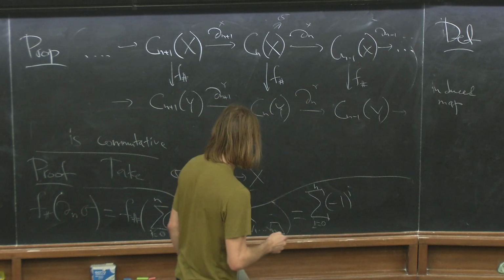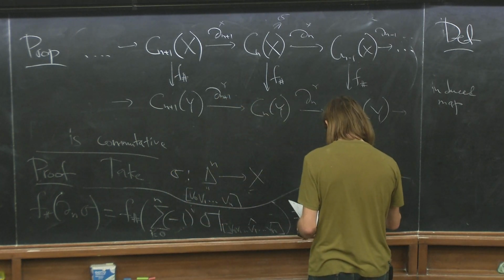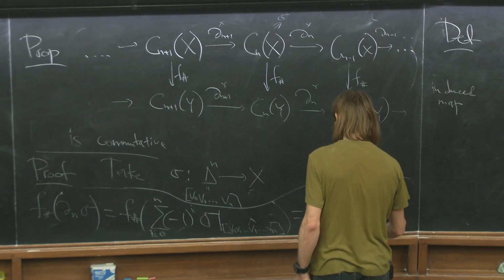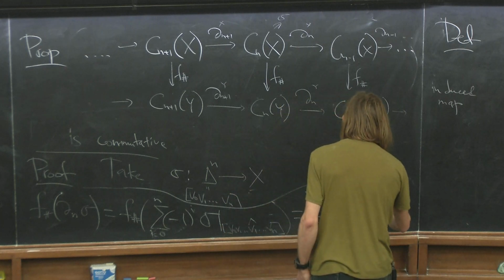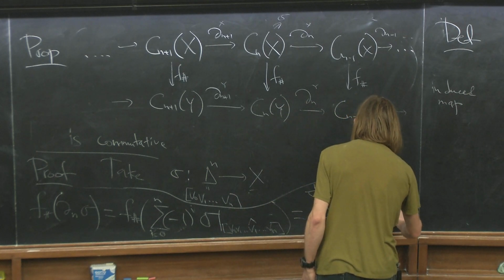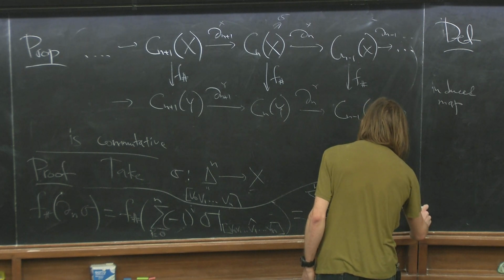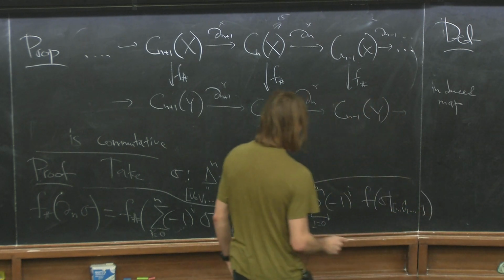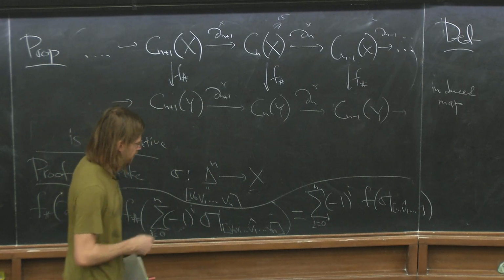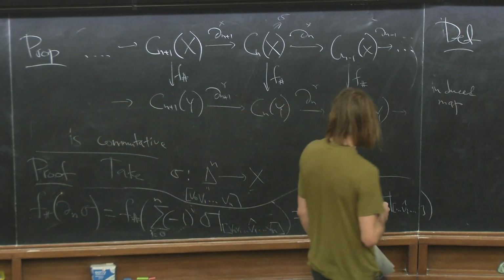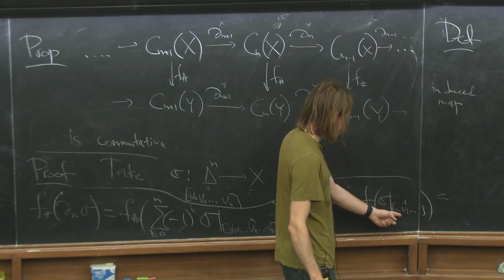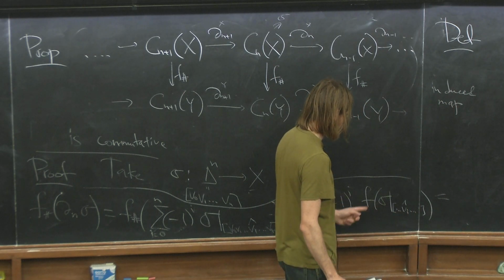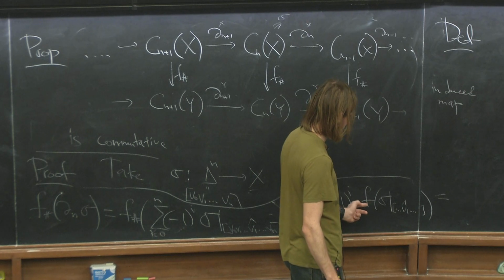And here, by definition of F sharp, I need to compose F with the restriction of sigma to the subsimplex where the vertex is removed. But of course, it doesn't matter, I can first do this restriction and then compose, or I can first compose and then do a restriction.